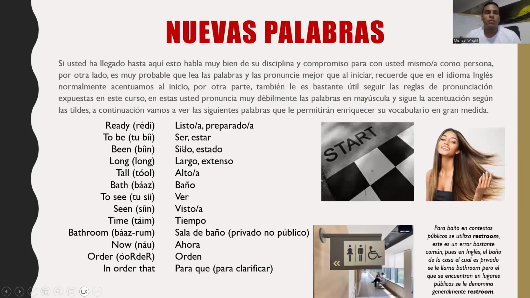So, new words. Remember that if you have got up to this point, it's because of your deep discipline and your commitment, right? With your own person and with the course. So now it's really probable that when you read these words, you pronounce them better than when you started. Remember that the English language normally has an accent at the beginning of the word.